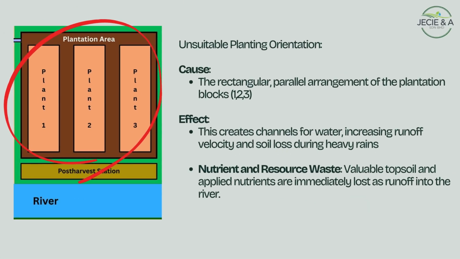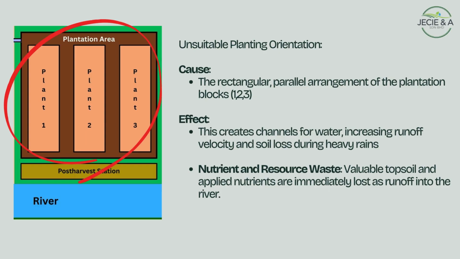For the problem background, the first problem is the unsuitable planting orientation, where in our previous design we used a rectangular parallel arrangement of the plantation block, which likely oriented up and down the gentle slope towards the river. The effect of this is that in heavy rain, it will create a channel for water, increasing the runoff velocity and soil loss, which will strip away the topsoil and seedlings.